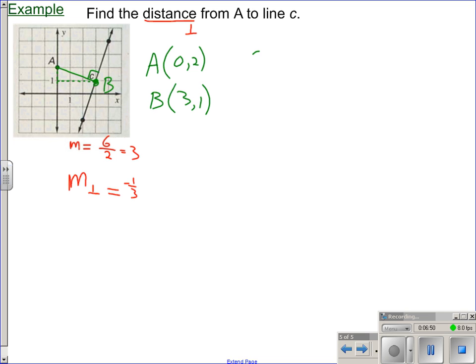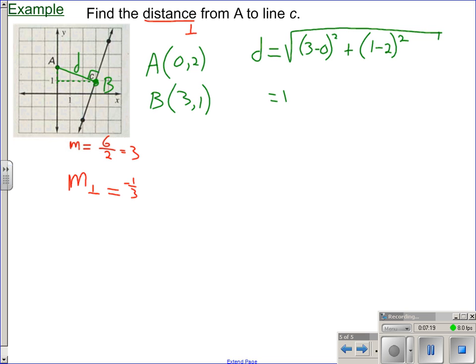Now we need to find the distance. Again, we measure distance perpendicular from point A to line C, so we're literally looking for the distance of segment AB. Distance formula: square root of the difference in the x values, quantity squared, plus the difference in the y values, quantity squared.